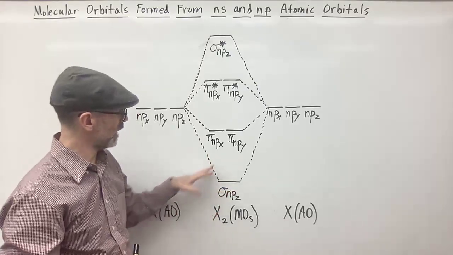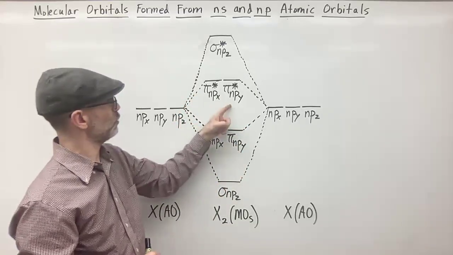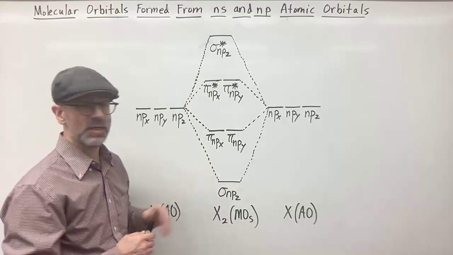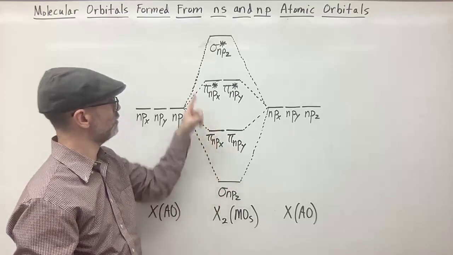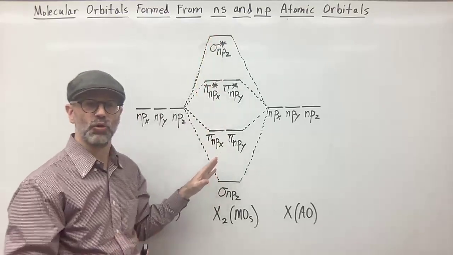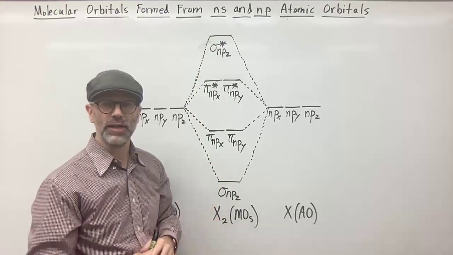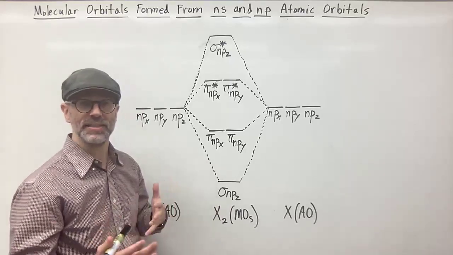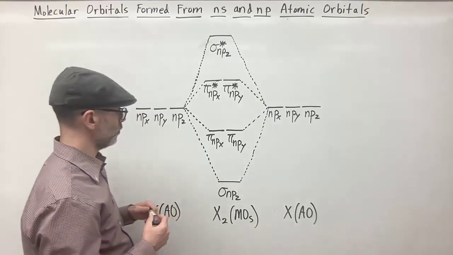And you see here that we got 3 bonding molecular orbitals and 3 anti-bonding molecular orbitals, which makes sense because remember what I said before, if we are to fill all of these bonding and anti-bonding molecular orbitals with electrons, the bond order would be 0, right?